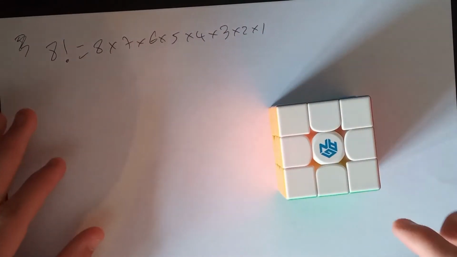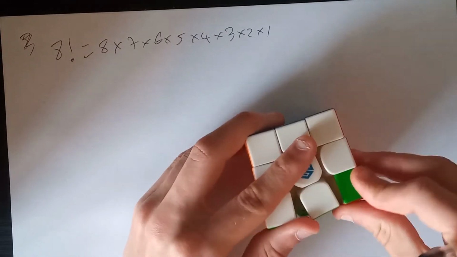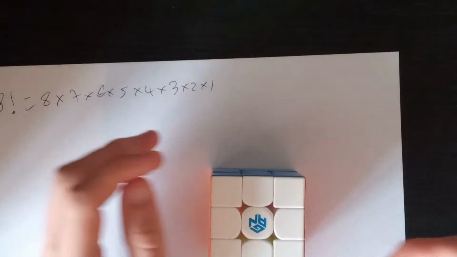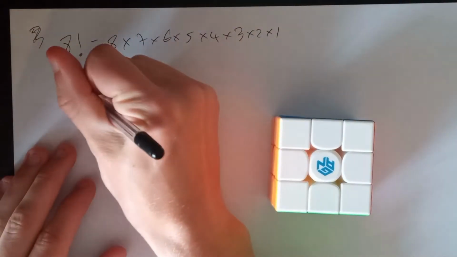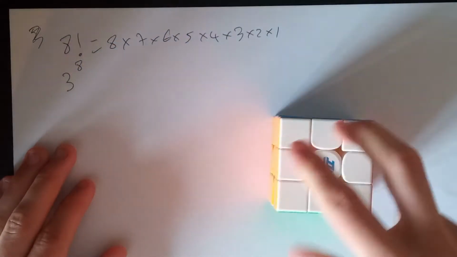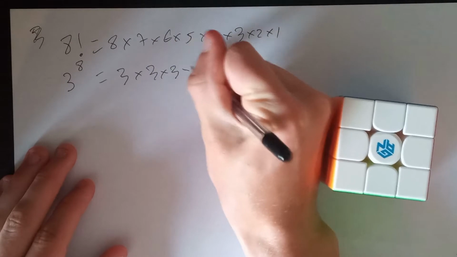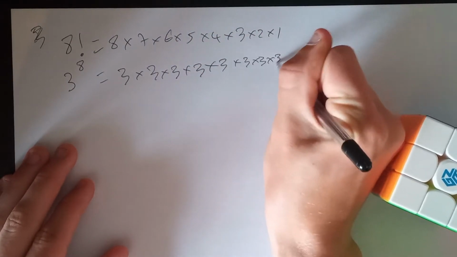And then we have to deal with their rotation. Because there's 3 different rotations and 8 corners, that is 3 to the power of 8.